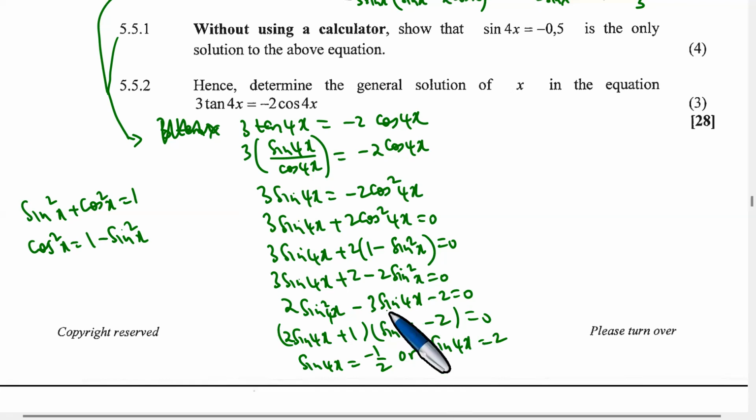Okay, so they said show without using a calculator that the sine of 4x equals minus 0.5. So surely from this, we're able to see that the sine of 4x is minus 0.5, which is minus 1/2.